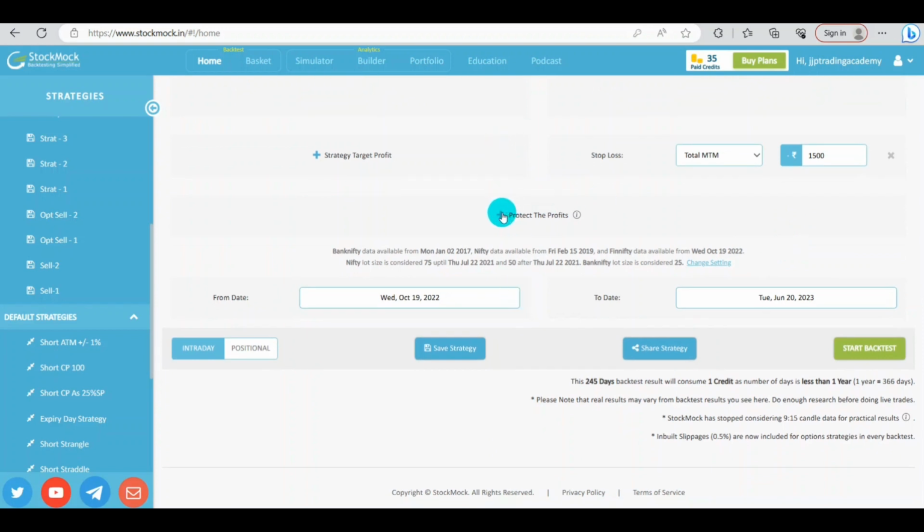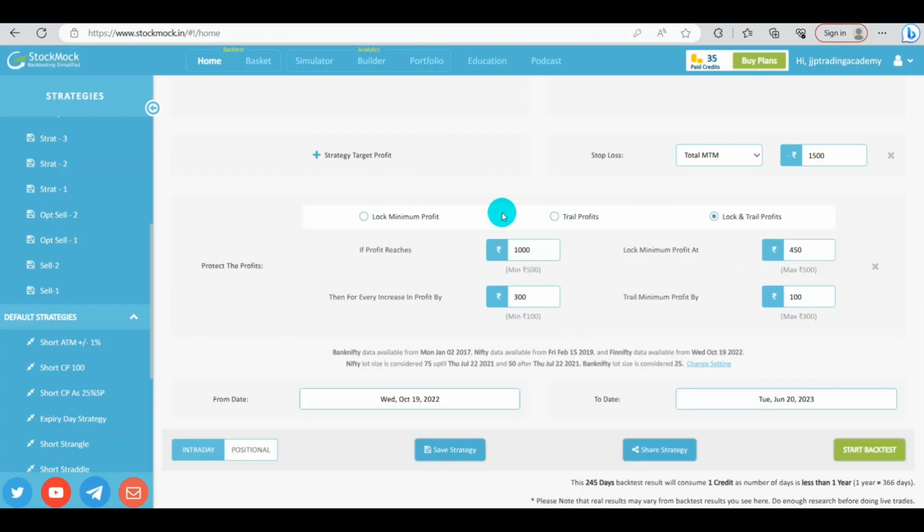And here another option is available. This will be more useful for you if you want to trail the position as per your portfolio result. The portfolio result will reflect both strategy deployments right now. So if this strategy's profit reaches 1000 rupees, I just need to lock a profit of 450. That is, if the current portfolio is running with 1000 rupees profit, then I just need to fix my minimum profit at 450 and lock the profit.